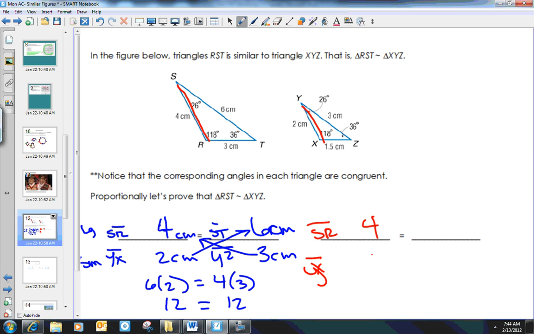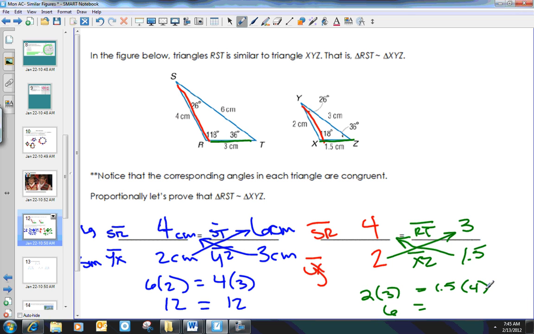YX, once again, was 2. And now let's choose our other two sides. We have RT for the large triangle, which is worth 3, and XZ for the smaller triangle is worth 1.5. All right, does 2 times 3, going this way, equal 1.5 times 4?